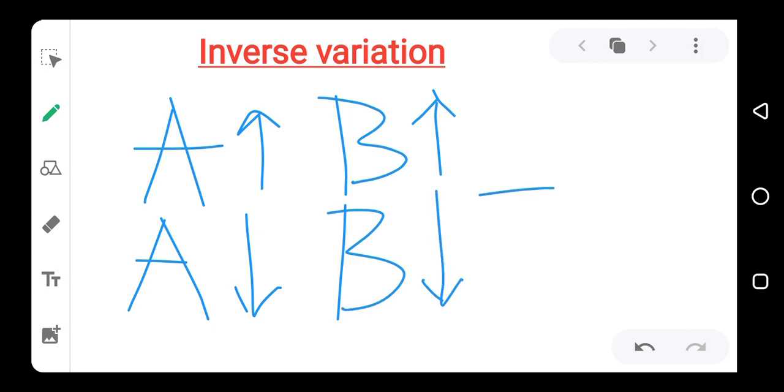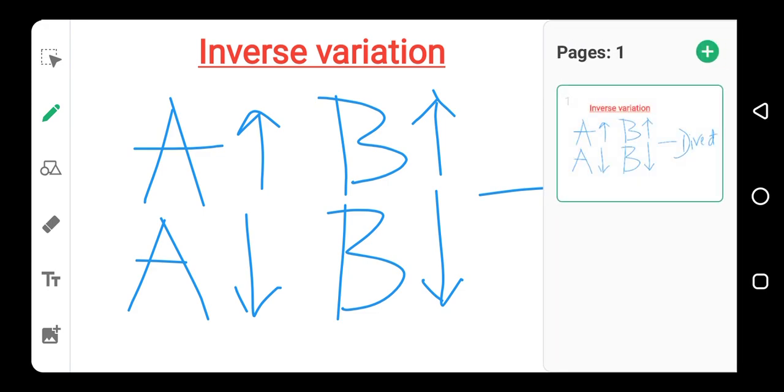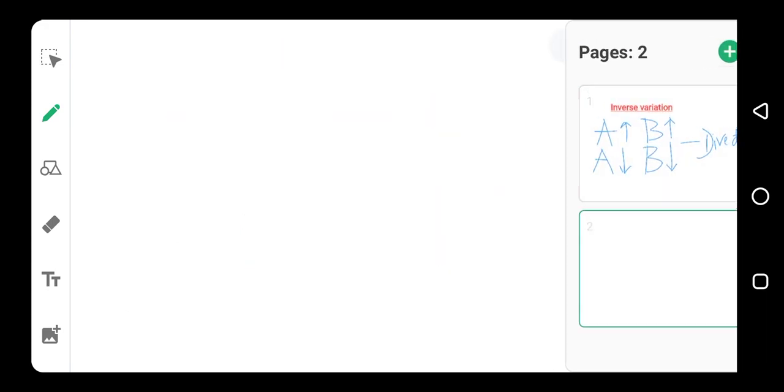This is for direct variation. If A increases, B will also increase, and if A decreases or reduces, B will also reduce.